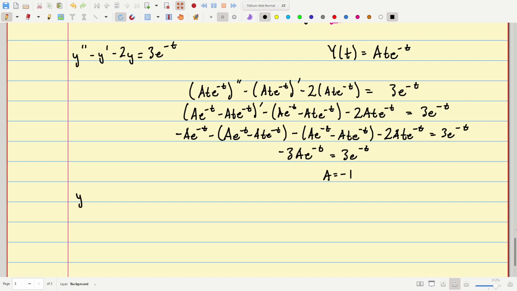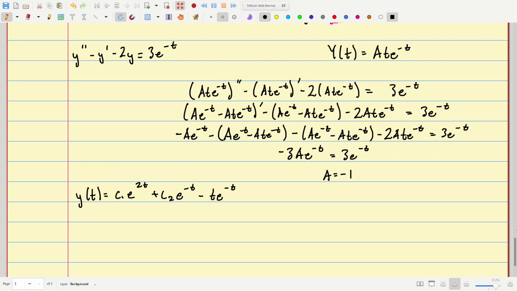That is to say that our general solution for the differential equation is c1 e to the 2t plus c2 e to the -t minus t e to the -t. That make sense?